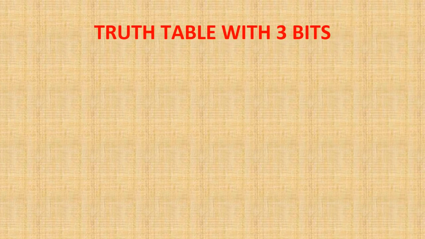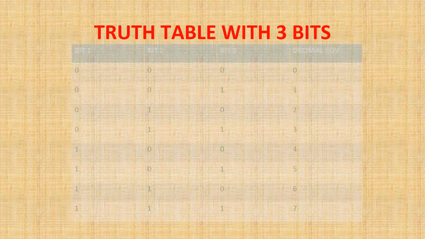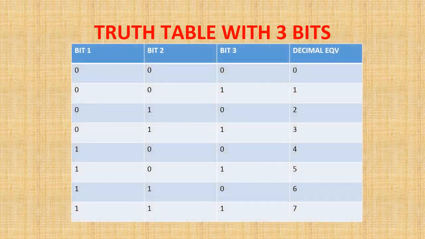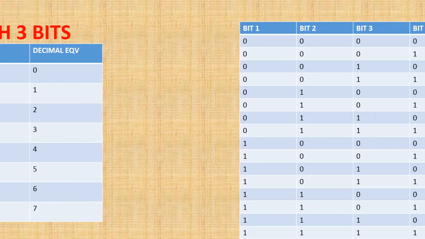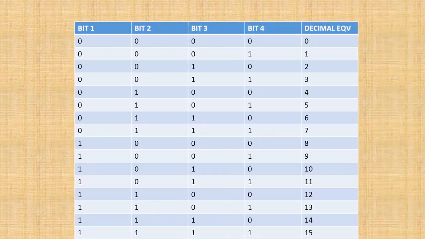In the same manner, we need a 3-bit binary system to represent 0 to 7 decimal numbers. It means total 8 numbers. Further, if we use a 4-bit binary system, we can represent 0 to 15.